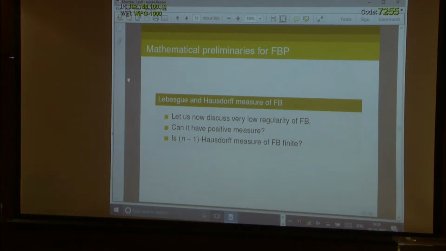And in this setting, I claim it doesn't have a positive measure. Of course, this is almost asking the obvious. If you're talking about a boundary, why should a boundary have positive volume, positive Lebesgue measure? Of course, they can have. We can have a domain whose boundary has positive Lebesgue measure.